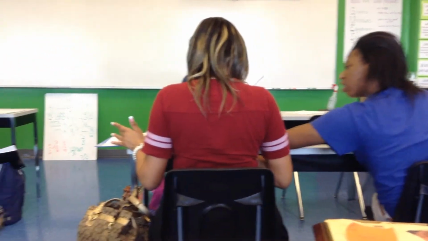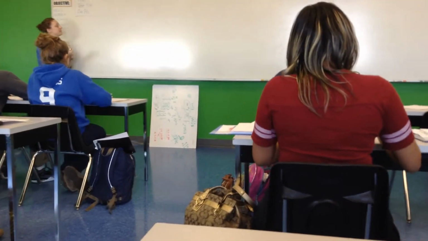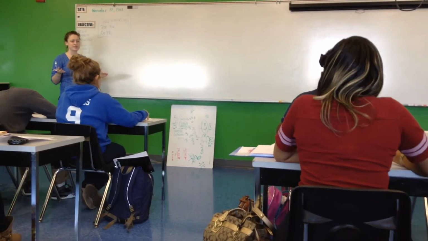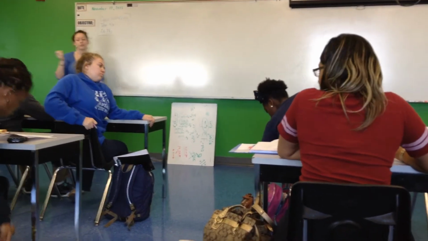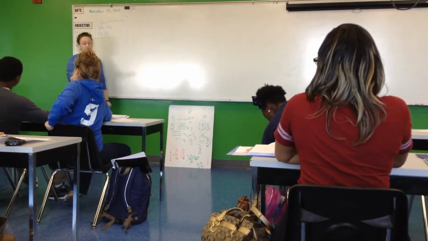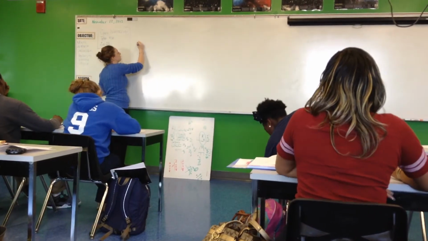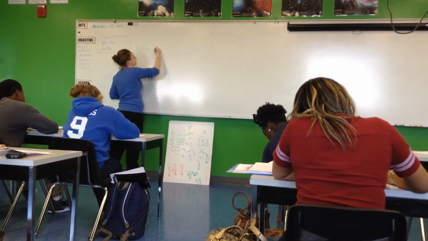Alright, so friction is the resistance to movement force. And what we're going to learn today is that it's based on the normal force. We're going to go through this. We have what we're going to call the coefficient of friction. So you already have the definition of friction. Friction, resistance to movement.